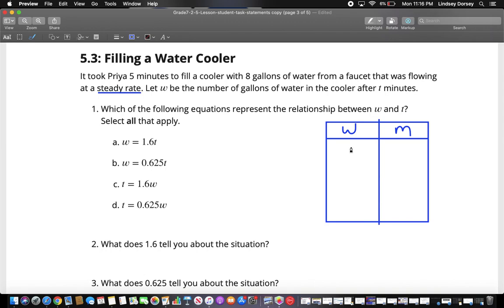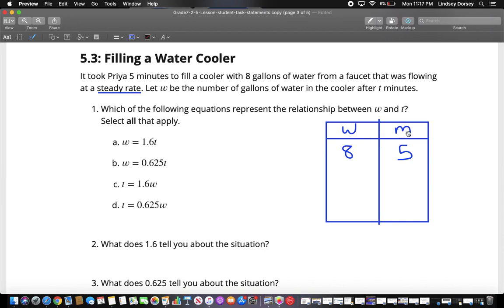So when I had 8 gallons of water, it took me 5 minutes.